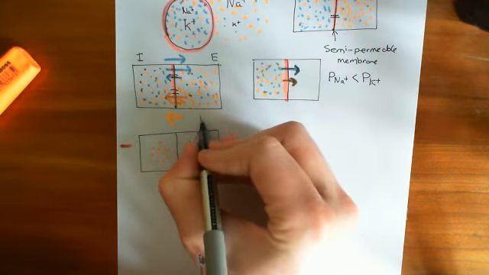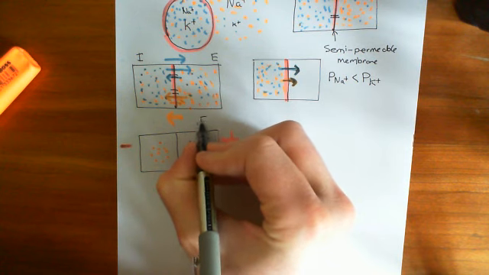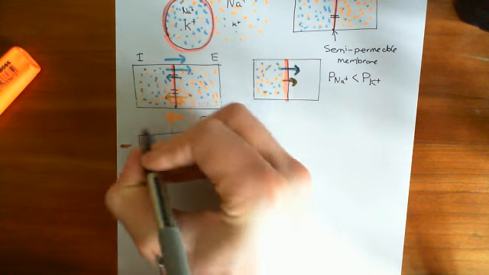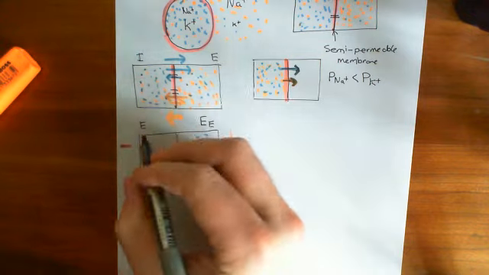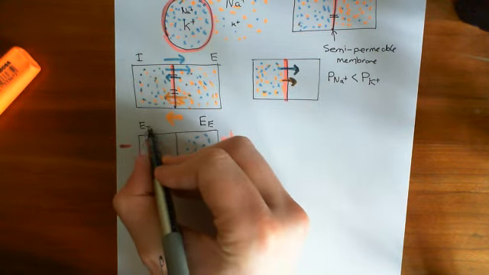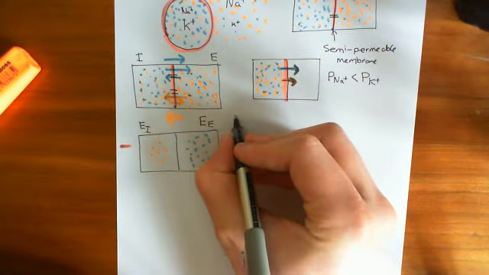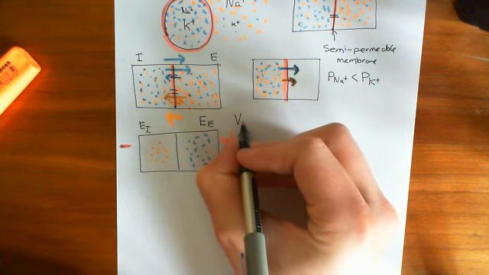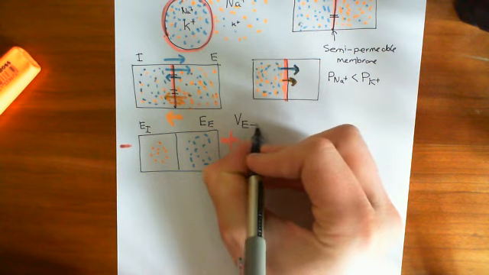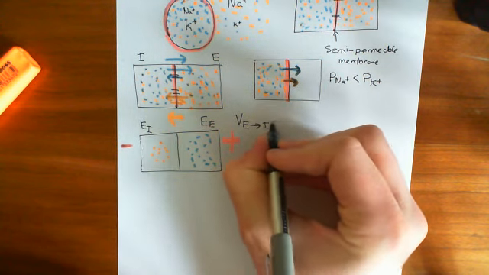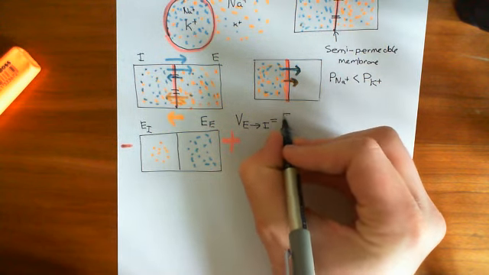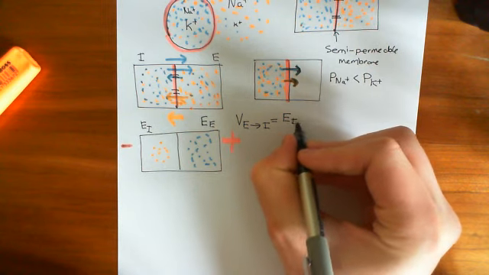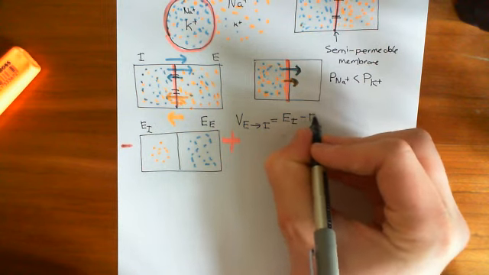So if we call this the electrical potential of the extracellular component, and this the electrical potential of the intracellular component. Now, generally when people say the voltage across a cell membrane, what they mean is the voltage from the extracellular component to the intracellular component, i.e. they mean how much bigger is the intracellular component electrical potential than the extracellular component.